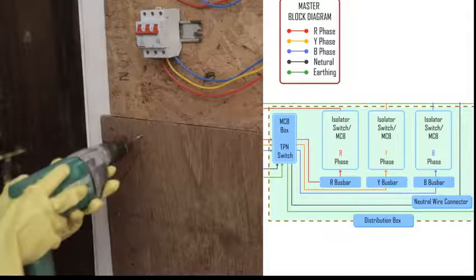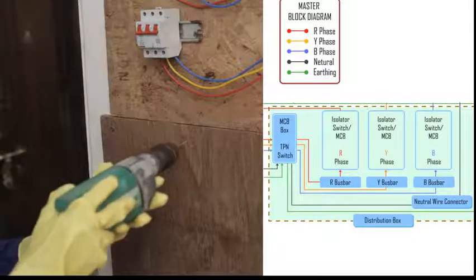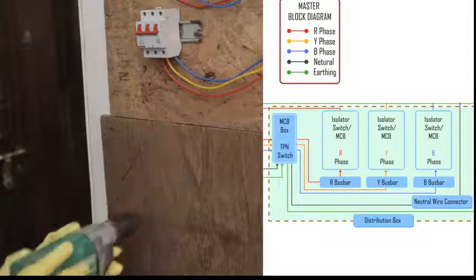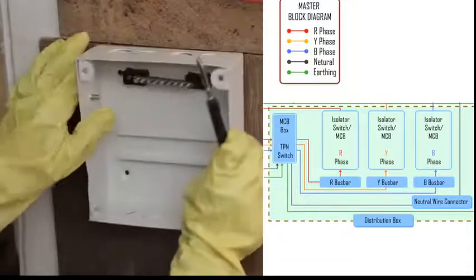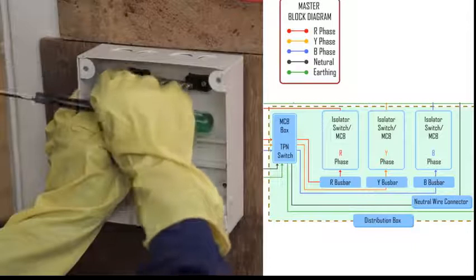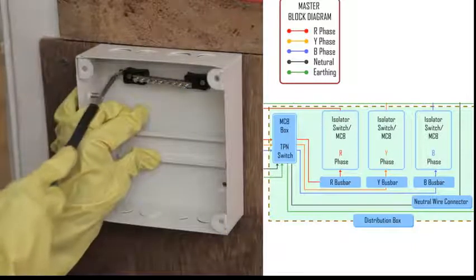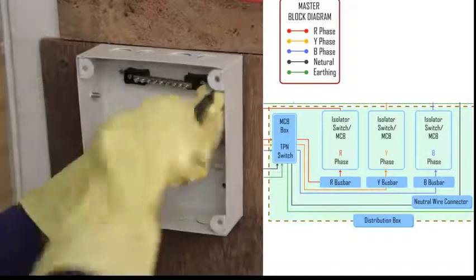Using drill machine, drill holes on the marked locations. Using suitable screwdriver, then fix the MCB boxes on the wooden board by tightening the screws.